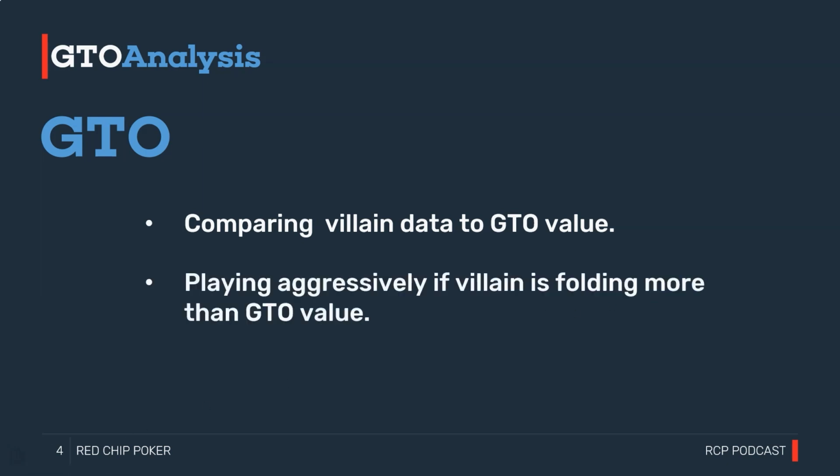So we can ask a solver, how often is our opponent supposed to be folding in a specific situation? If they're folding more often than GTO suggests, then we can exploit our opponent by playing aggressively. If our opponent is folding less than they should, we might be able to exploit them by employing the opposite strategy, perhaps playing more passively and having a more value-oriented range.